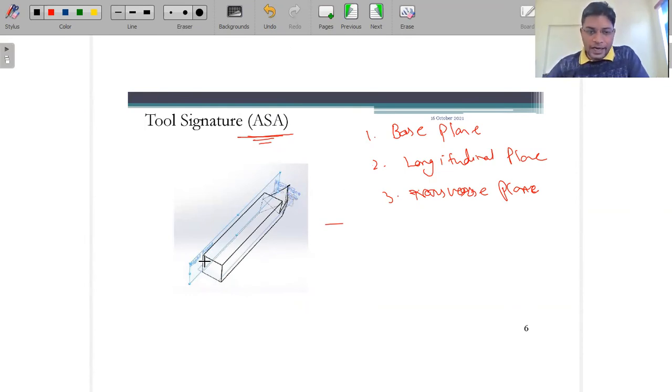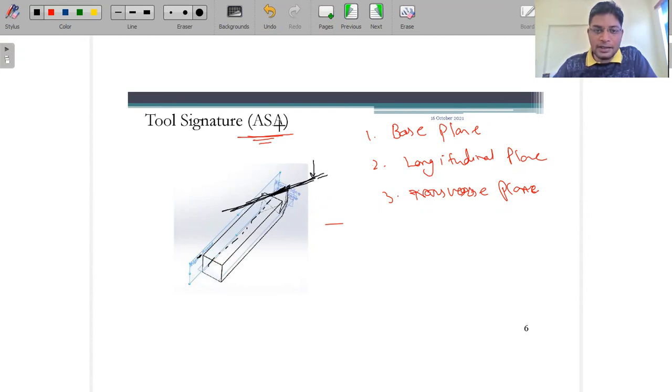What we have done is, this right plane or longitudinal plane was along this direction, but now the side edge, the side surface, we have cut at some angle. In this surface only, we have tilted that angle.